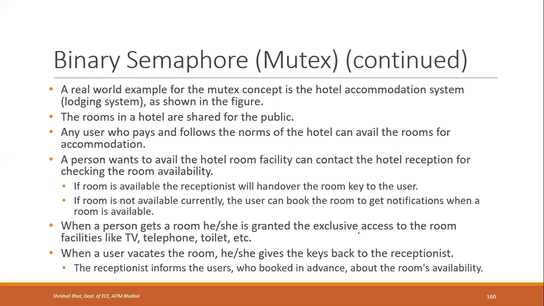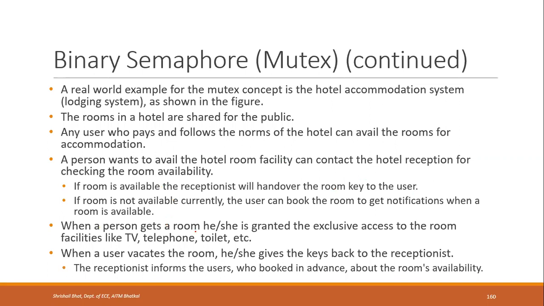A person who wants to avail the hotel room facility can contact the hotel reception for checking the room availability. If the room is available, the receptionist will hand over the room key to the user. If the room is not available, the user can book the room to get notifications when a room becomes available.